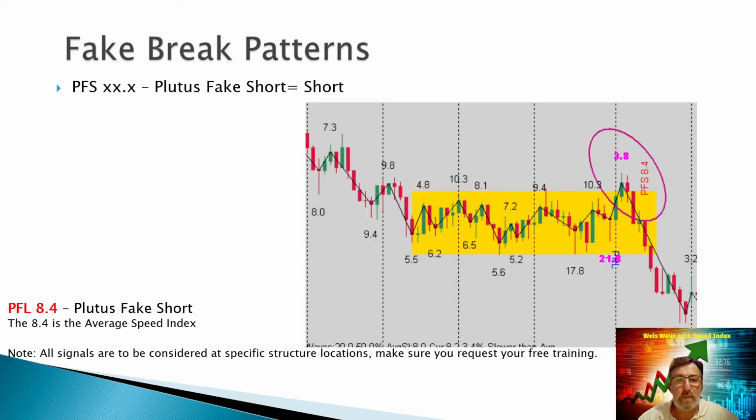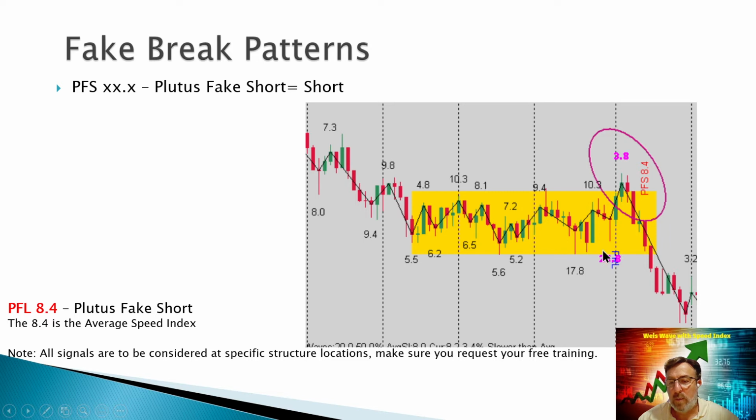Okay, and Plutus fake short, another range again. We are ranging, and in this case we got a false reversal long pattern to go long here.